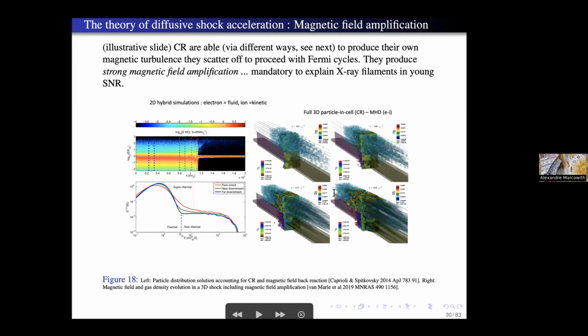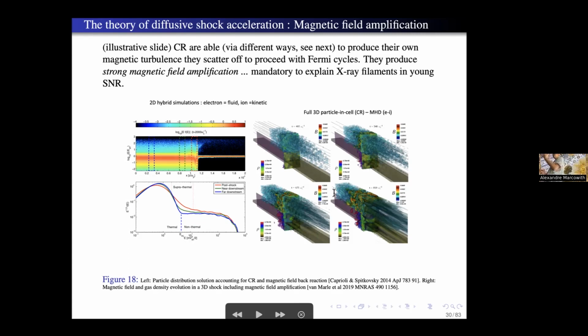But this angle depends on the Alfvénic Mach number of the shock. This is what we found with some colleagues using these techniques: for very high Alfvénic Mach number shocks, let's say 100, like in supernova remnants, it can go up to 70 degrees. Now, Damiano Caprioli is coming back with 3D simulations, and he found that for almost perpendicular shocks, you can still inject particles and have diffusive shock acceleration.